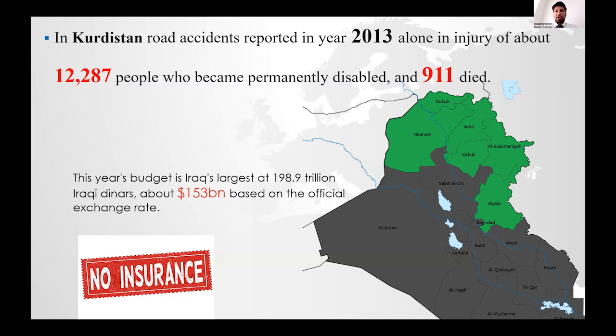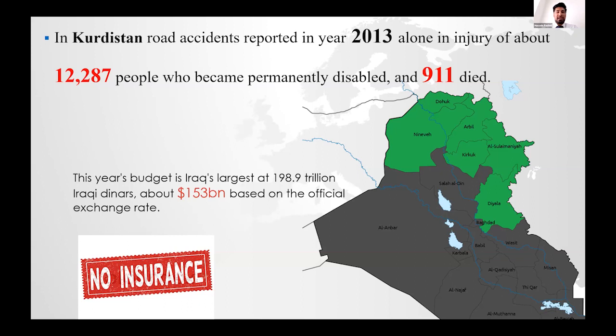Why am I doing this research in this place? Because if you look at the budget of this country, it's 153 billion per year, and there is no insurance industry in this country.